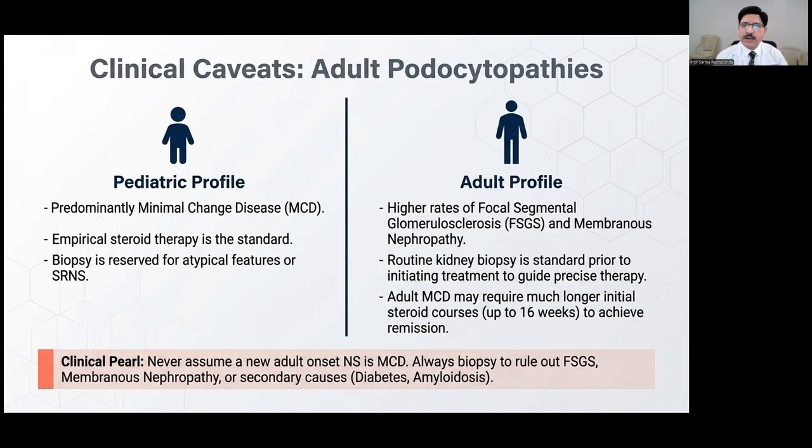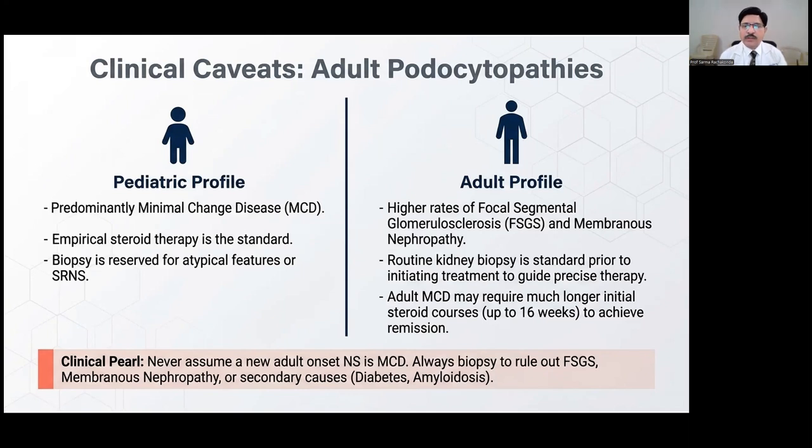If an adult presents, particularly with FSGS or membranous glomerulonephropathy, you have to identify it and do the genetic testing also. Never assume a new adult-onset NS to be MCD. Don't assume, this is an adult, he will be minimal change, I will not do any biopsy, I will just give the steroid.